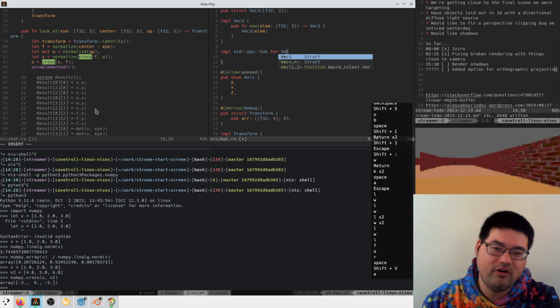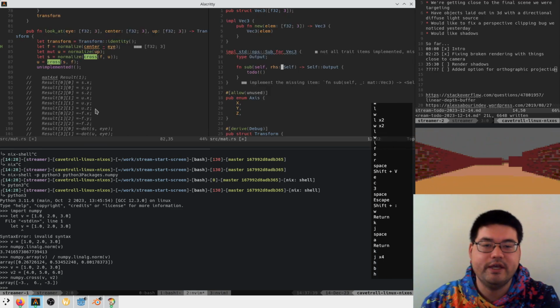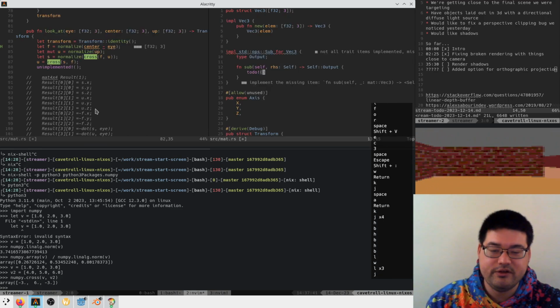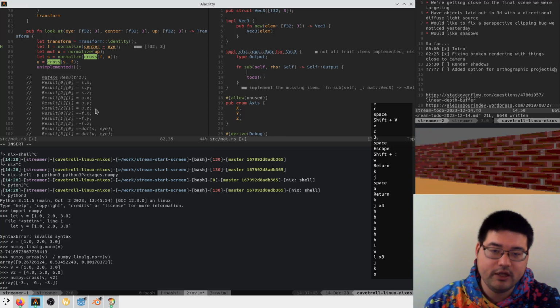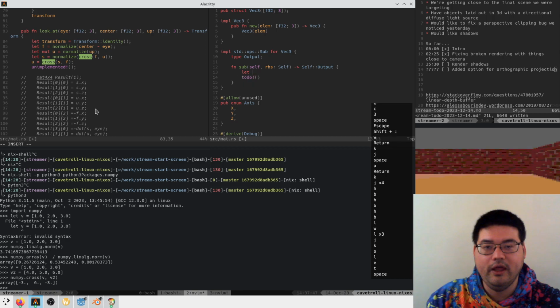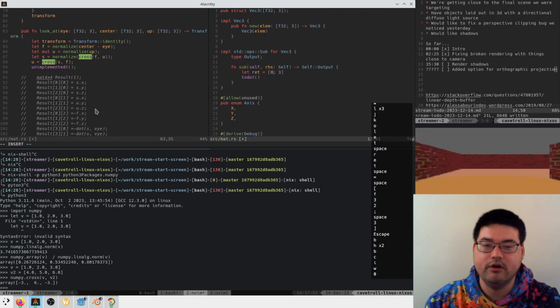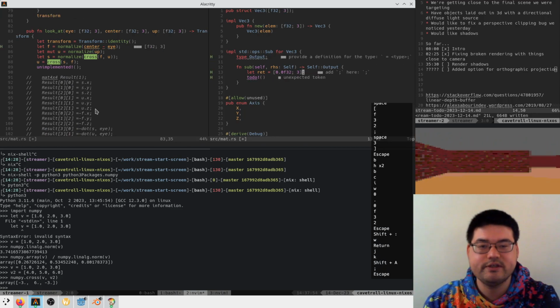Impl sub for vec3. And we will say right hand side is equal to self. And so we just do element-wise subtraction. So we say let ret is equal to an f32 by 3, I guess 0.0 by 3 like this.